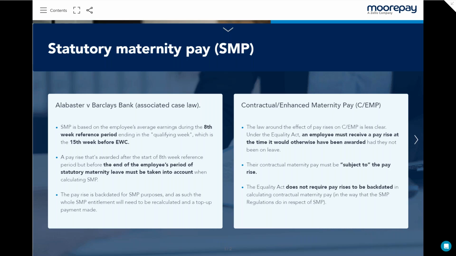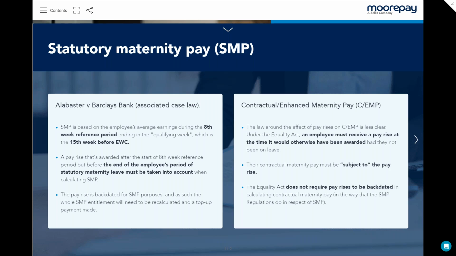It's the Alabaster versus Barclays Bank case, where SMP is based on the average earnings during the eight-week reference period before the qualifying week, which, if you remember, is 15 weeks back before the expected week of childbirth. During that time, we've worked out that 90% calculation, or if your employee earns less than that, their entire reference period might be affected.